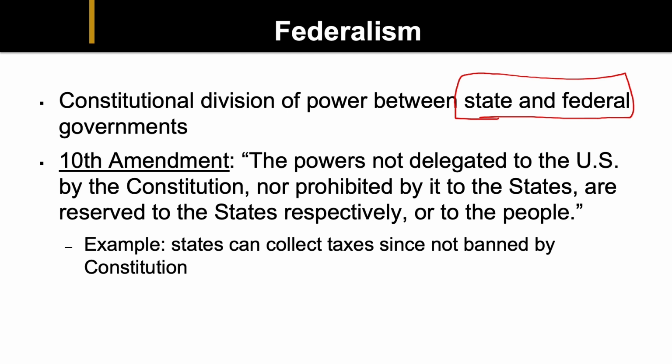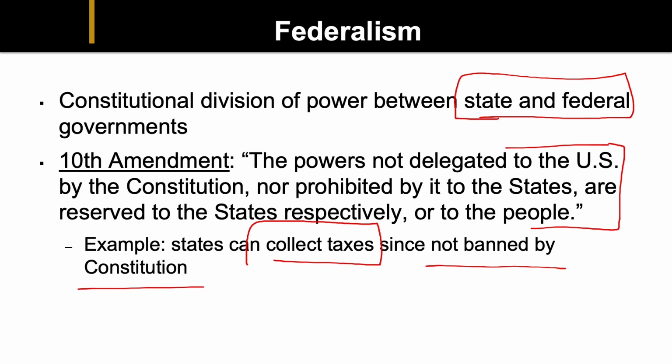That language is not that smooth, but basically it means what the Constitution doesn't give as a power to the federal government automatically goes to the states. So, for example, states can collect taxes. The Constitution doesn't give them permission, but they're allowed to collect taxes because the Constitution does not ban them from collecting taxes.